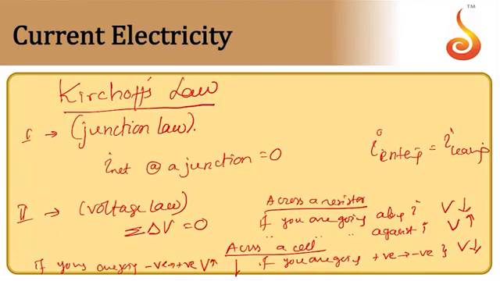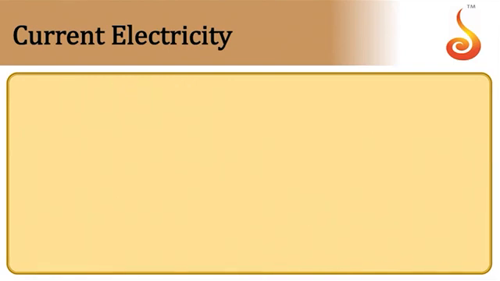Simple, very simple rules. So with the help of Ohm's law and Kirchhoff's law, it is pretty easy to analyze the circuits and obtain the unknown, like maybe current, maybe voltage, maybe resistance, etc.